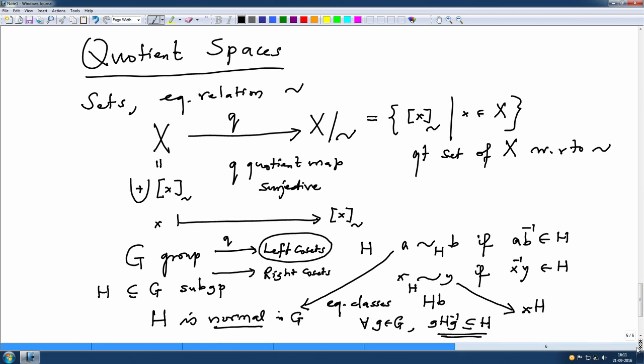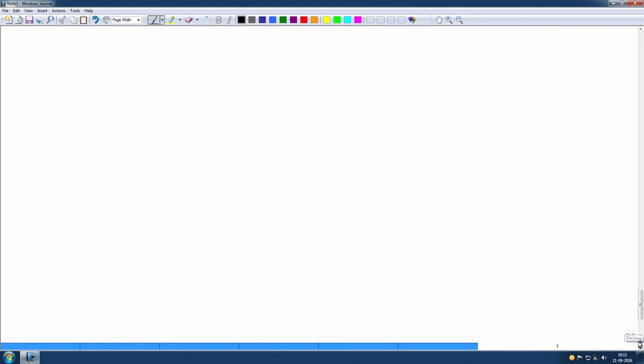So for example, we have done this construction very often for the additive group of integers. This is abelian, and we have a typical equivalence relation, congruence modulo n. Congruence modulo n is an equivalence relation which is defined by a congruent to b modulo n if and only if, the definition was, n divides b minus a.